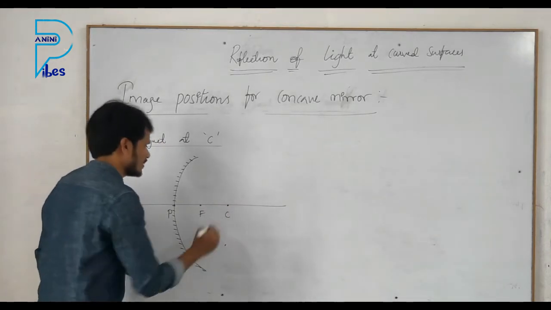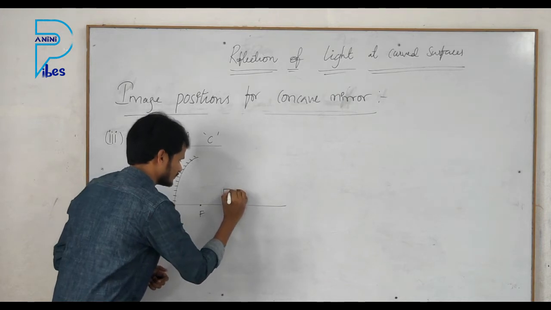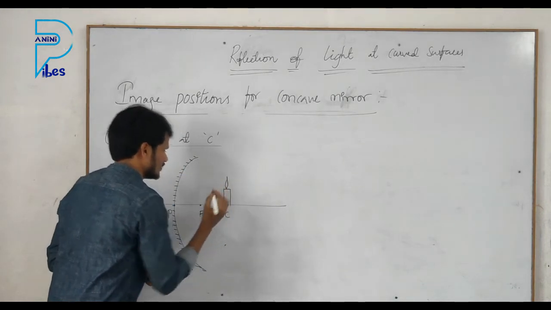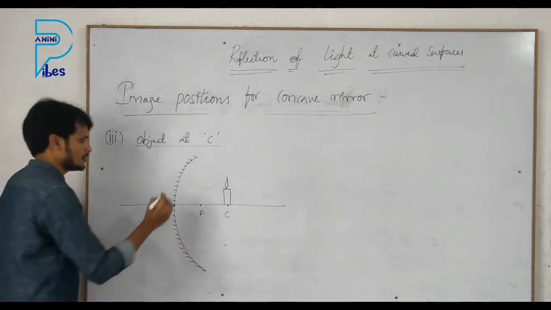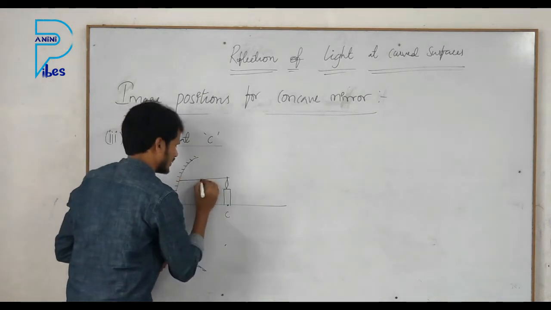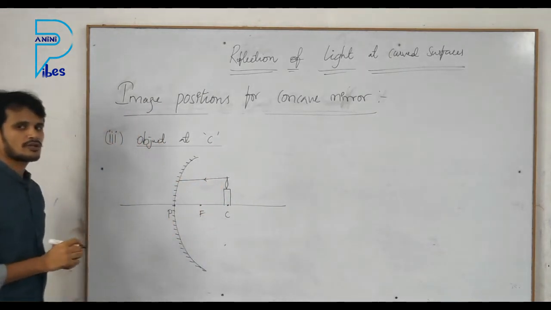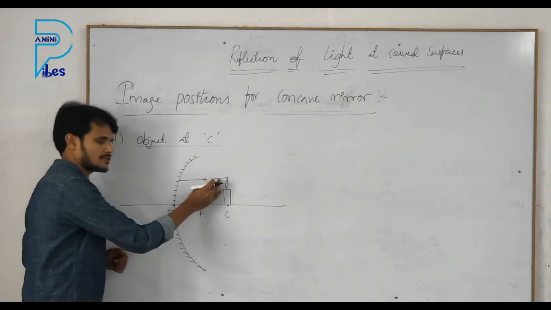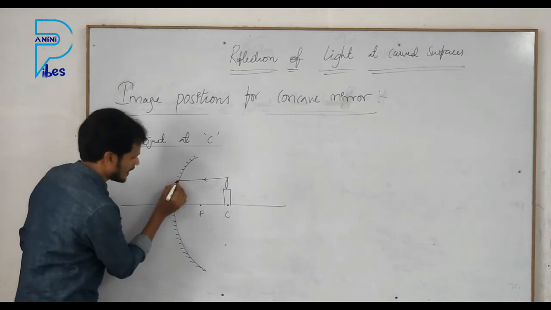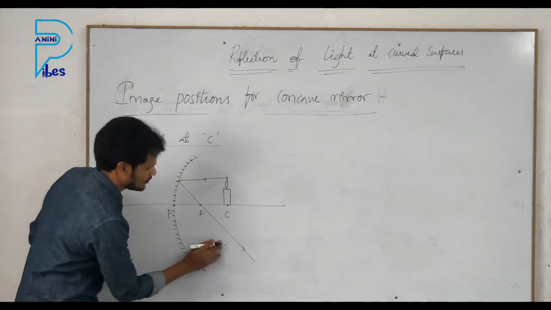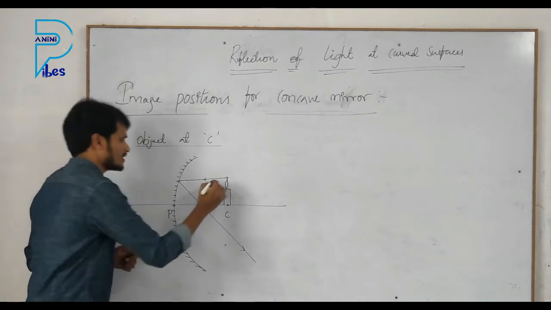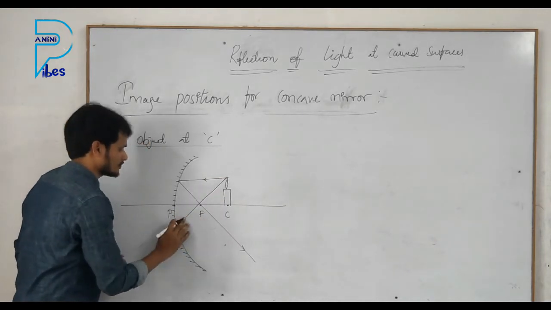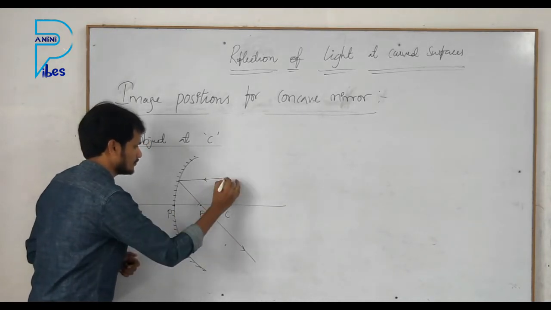Now we are placing the object on C. Take one ray from the tip of the object parallel to the principal axis, passing through the focus. And the second ray is passing through the focus.